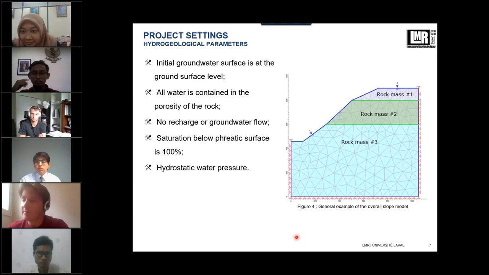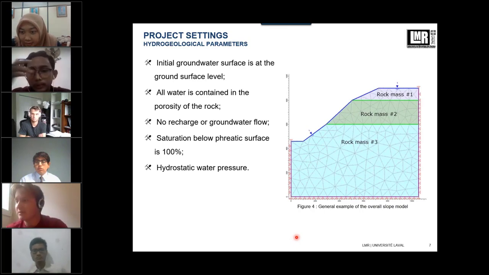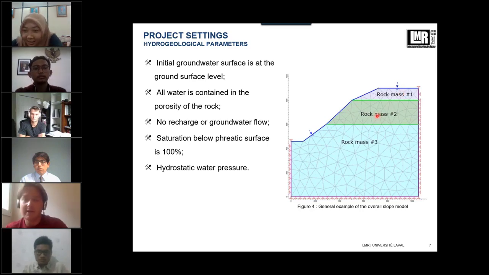Because there is no precise way to input a pumped water table, and because there was no information about pumping wells or drains, and for conservative reasons, the team decided to design the pit with a fully saturated slope, meaning that the phreatic surface will follow the topography, as you can see with the blue line here. In reality, this will not be the case because of pumping wells and drains.